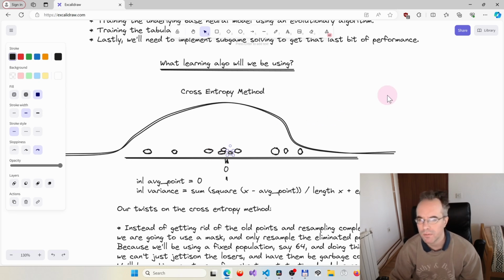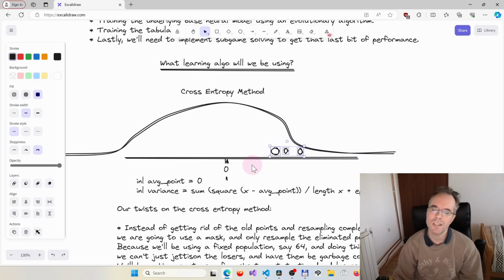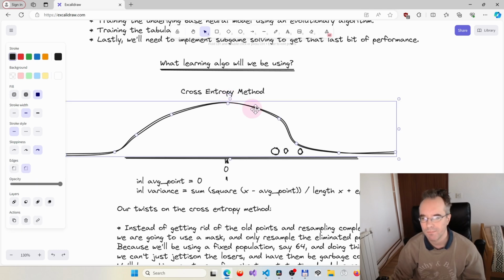But because we are keeping around the winners, these are the points that would get eliminated, and our progress won't actually get worse by having such a wide variance. The only problem is that the points to the right of the curve would get sampled much more rarely. So that would be one of the issues, if you assume that, for example, the better solutions are more to the right.